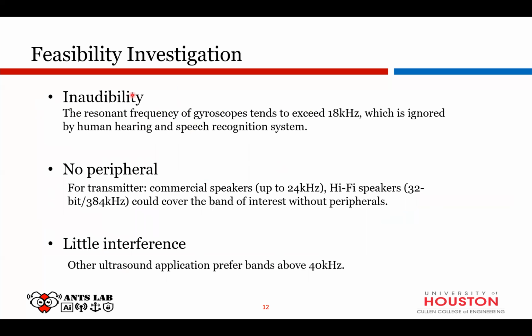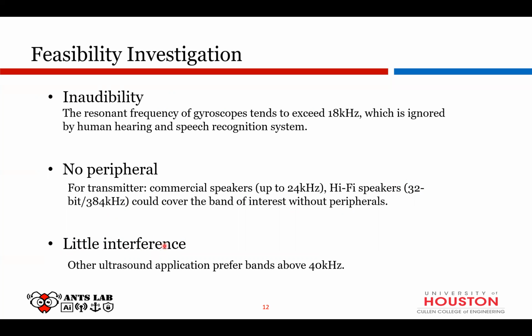So they did some feasibility investigation, just like I said. It shows the inaudibility: the frequency range is above human hearing. Such a communication system needs no peripherals. They only need commercial speakers for the transmitter, or if you're using hi-fi speakers, for example, 32 bits with a 384 kilohertz sampling rate will cover the bandwidth of interest without any other peripherals, and there is little interference.